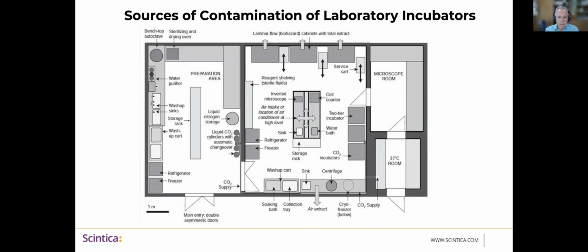I'm not going to go into many details about this particular layout, but the point is that you want to make sure that your incubators are not opening in a high traffic area. You want to make sure that the incubators are in a corner or a part of the laboratory where there's not a lot of traffic, because more people walking by creates eddies in the air and stirs up potential biodecontaminants.